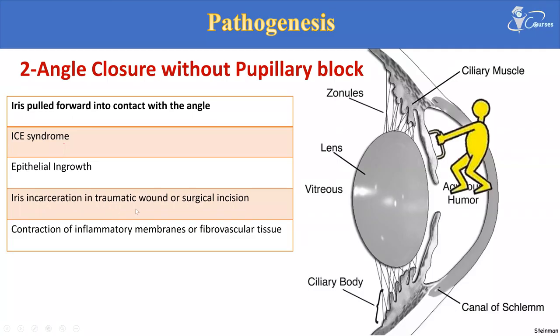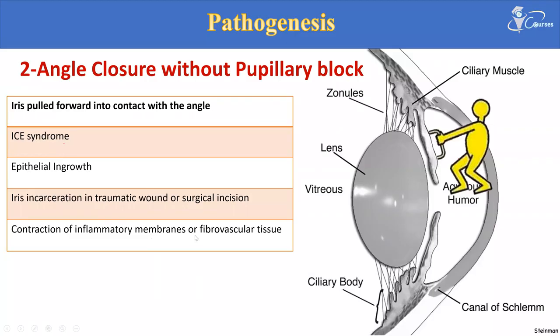Iris incarceration in a traumatic wound or surgical incision, and any inflammatory membranes or fibrovascular membranes, such as what happens in neovascular glaucoma, will cause contraction, peripheral anterior synechia, and closure of the angle by the iris as a result of contraction of these inflammatory and fibrovascular membranes. So this is another mechanism.